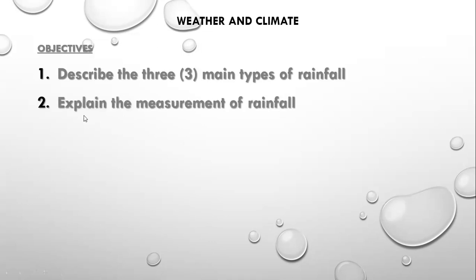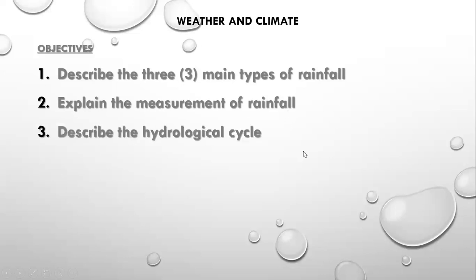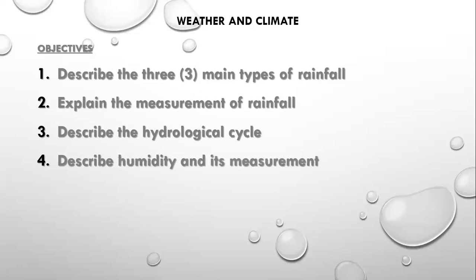By the end of the lesson, I also expect you to explain the measurement of rainfall. You also describe the hydrological cycle. So those are the main objectives that I want us to achieve, including describing humidity and its measurement.